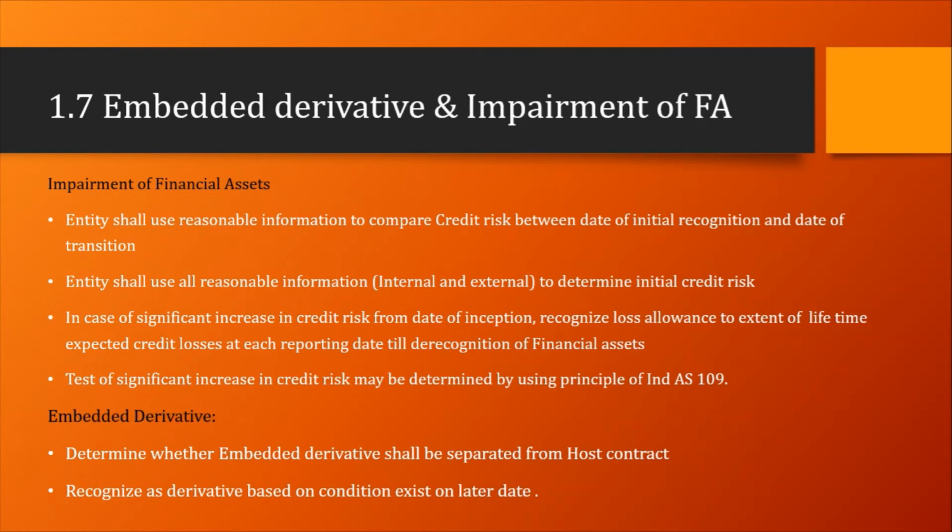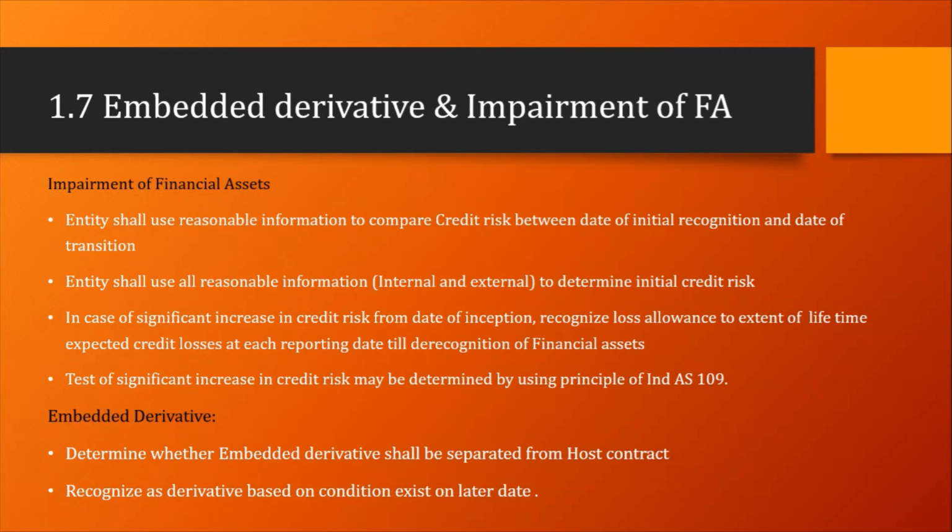Now for Ind AS 101 adopters, the entity must identify if there are any embedded derivatives, and such derivatives will be accounted for separately from the host contract if the following conditions are met. So what are those conditions?